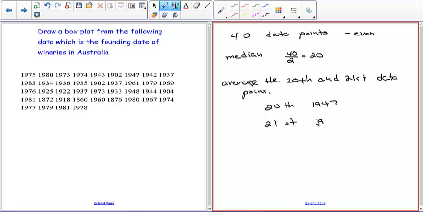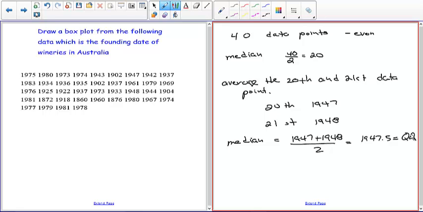So the median is equal to 1947 plus 1948 divided by 2, which is 1947.5. Okay. So that's also equal to Q2.